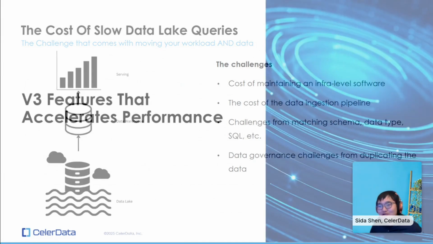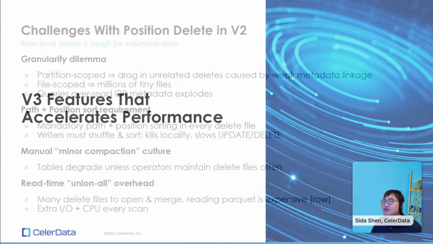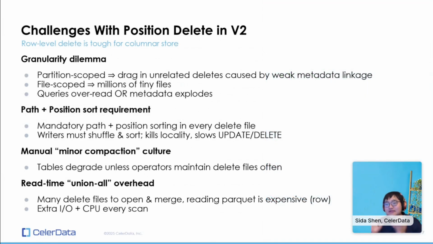Okay, so how to make it faster? First, let's look at some Apache Iceberg v3 features, actually one v3 feature that is really going to accelerate your query performance. And that feature is deletion vectors. There are a lot of challenges with position delete, which was introduced in v2.